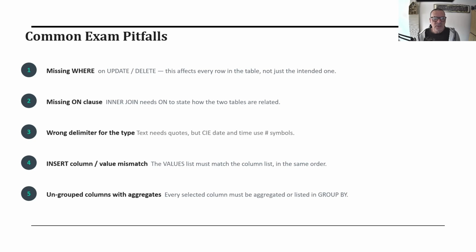And the insert column value mismatch, be careful to make sure that the values match up with your attribute list in the same order. And with the grouping, be careful not to have ungrouped columns with an aggregate. So all the columns must be aggregated or listed in the group by.